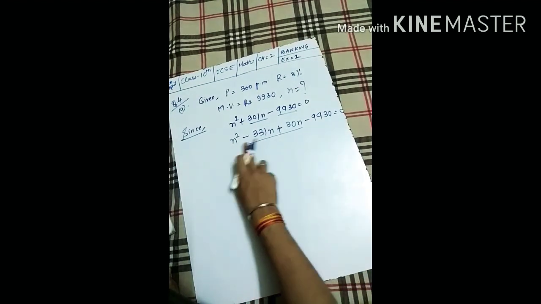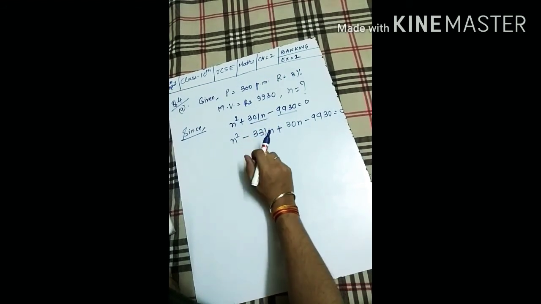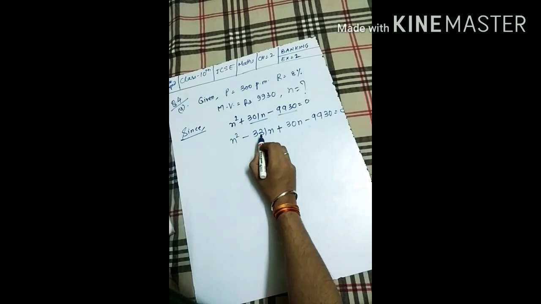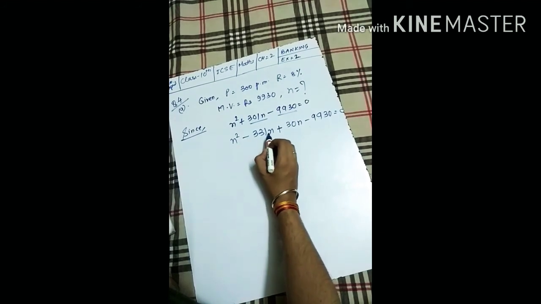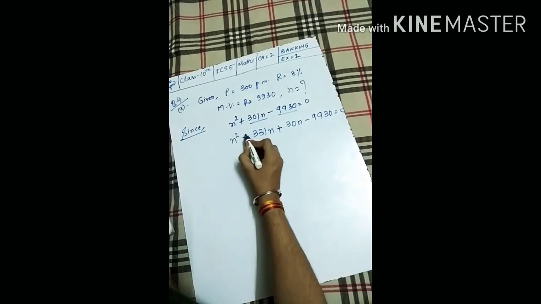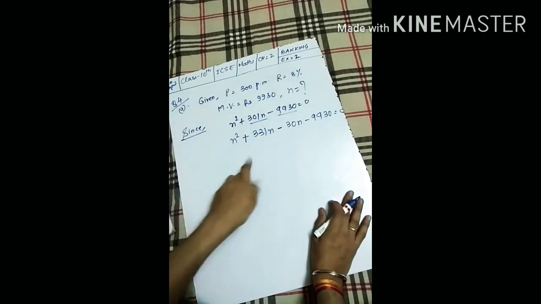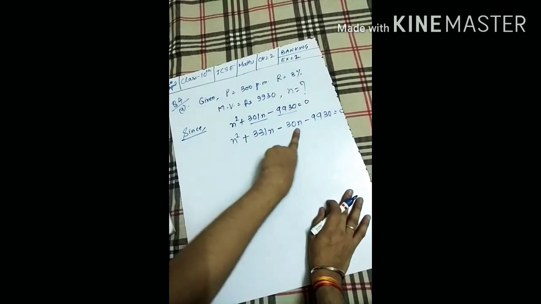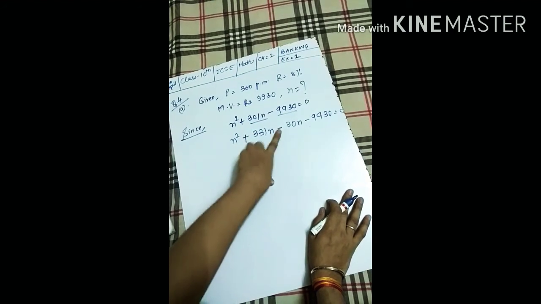Right now, understand that this 301n can be bifurcated as plus 331n and minus 30n, because plus 331 and minus 30 give you 301. This will be positive and this will be negative.